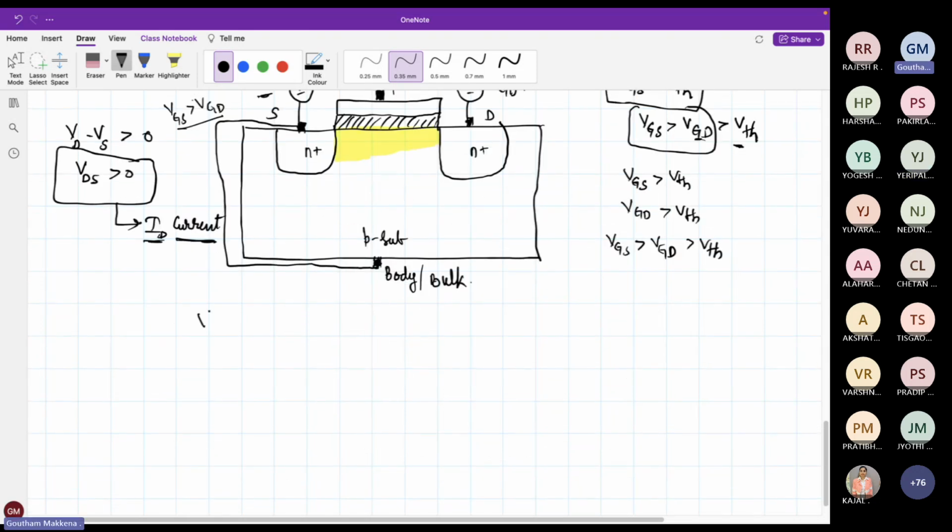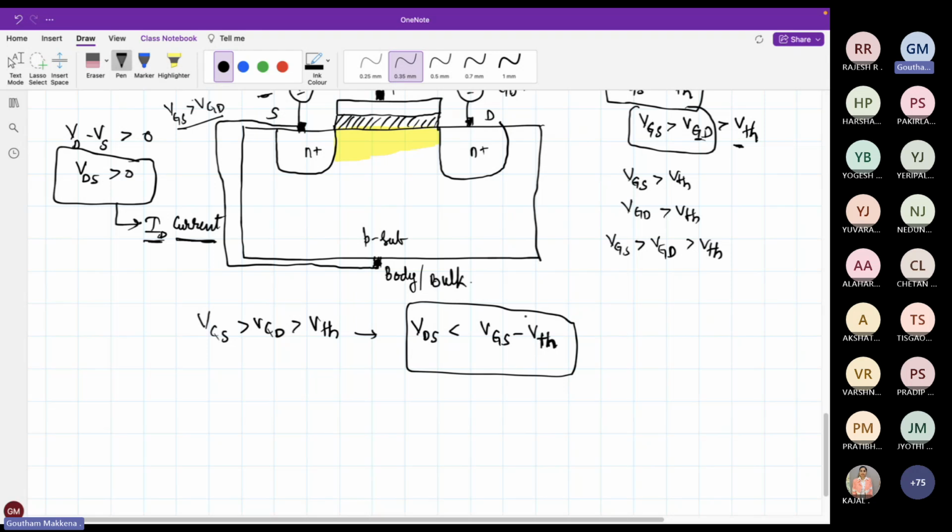Also, when I said VGS is greater than VGD is greater than VTH, if you solve this inequality, you will see that VDS is less than VGS minus VTH. This is simple arithmetic.